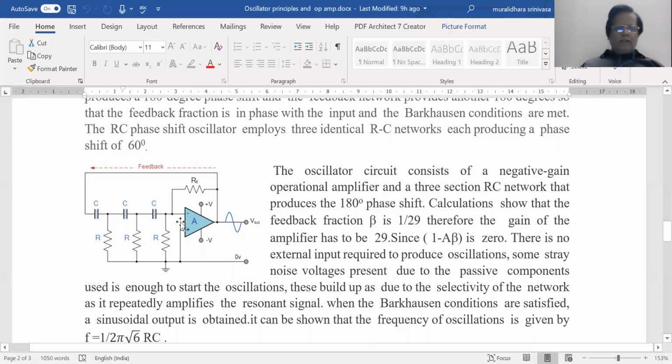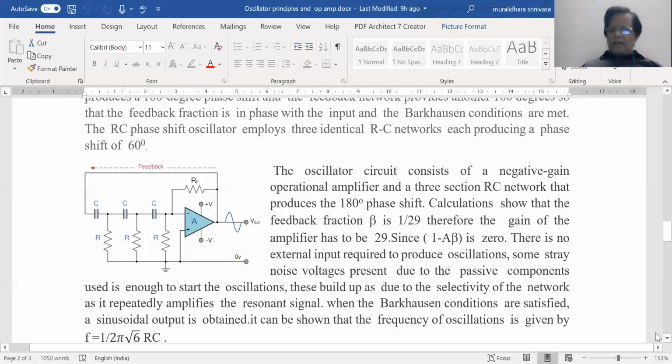Calculations show that the feedback fraction beta becomes 1 by 29. Therefore, this amplifier should have a gain of 29 for the fraction 1 minus A beta to become 0. So the amplifier needs to have a gain of 29, RF by Ri.